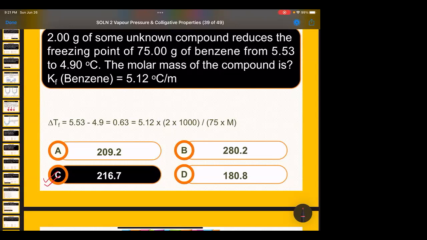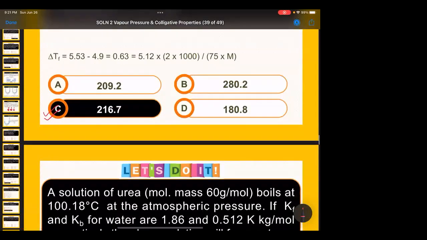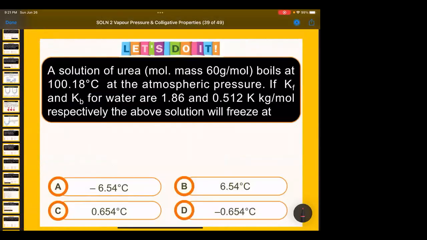So let's move to the next question, that is freezing point depression. An aqueous solution of urea boils at 100.18 degrees at atmospheric pressure. If Kf and Kb of water are 1.86 and 0.51, the boiling point is given. You need to tell me the freezing point of this urea solution.